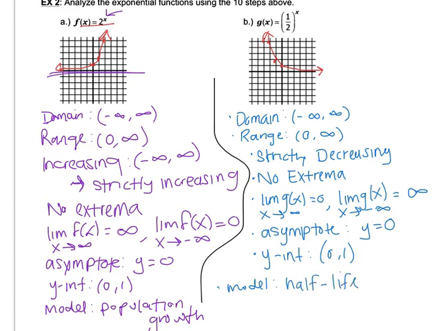Also, population growth is a thing, and so is population decay as certain populations die out. So population decay can be modeled by exponential functions. Decay. And then something I found super interesting is temperature cooling.